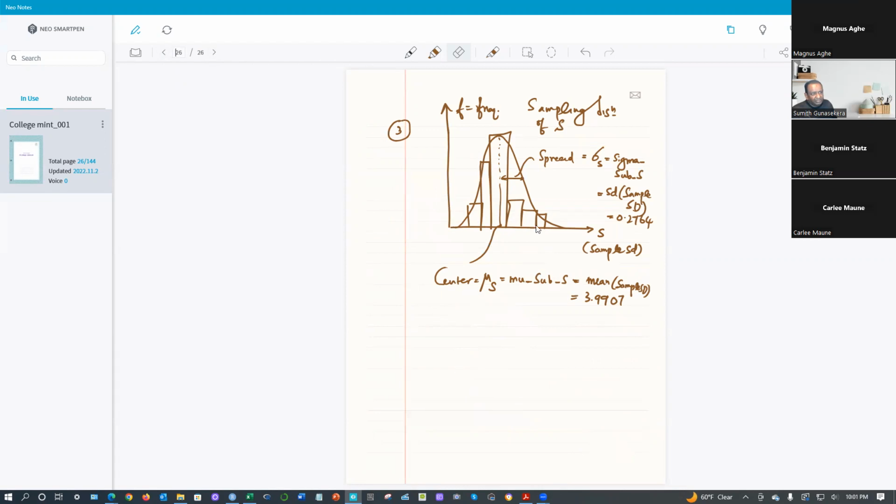You cannot pick any of these spreads; you go to the center all the time. The best estimate for the population standard deviation, sigma hat, is nothing but mu of S, which is 3.9907.